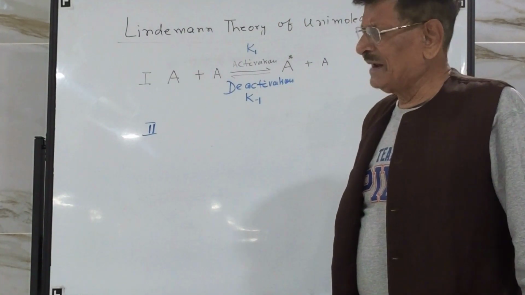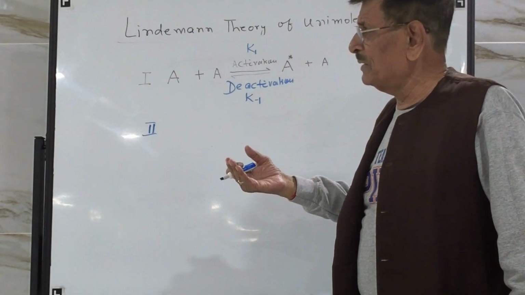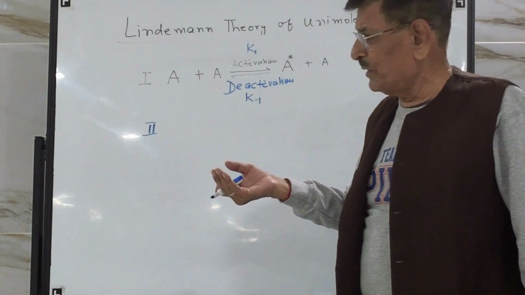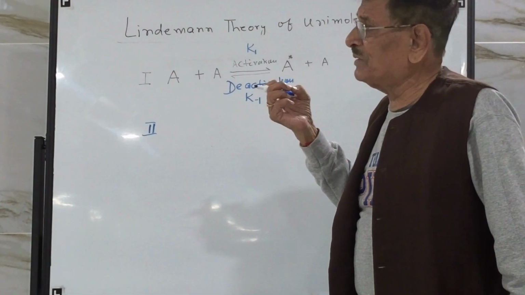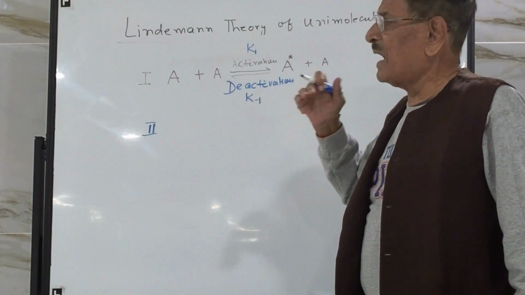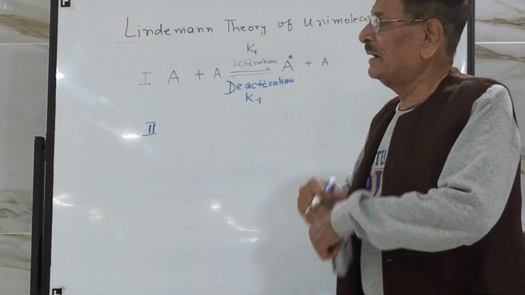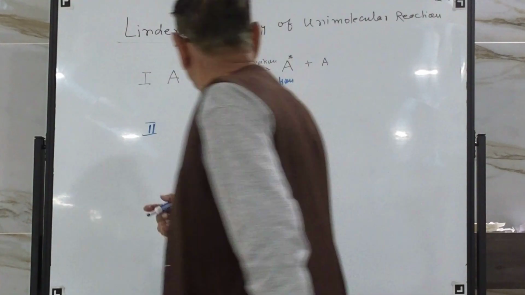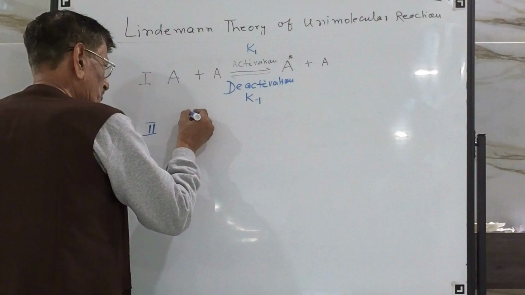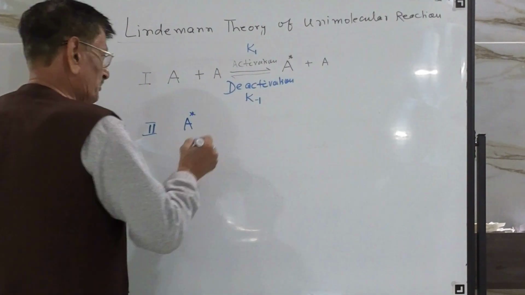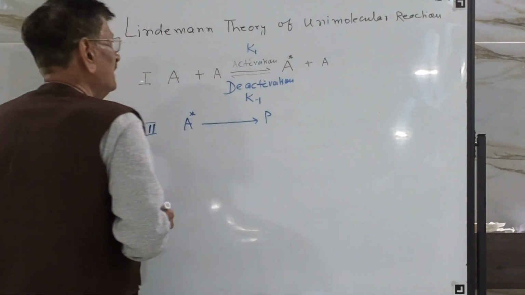In other words, although an activated molecule may convert into a deactivated one by colliding with an energy poor molecule, there may be some activated molecules which survive the time lag, and by doing so they will be able to decompose into the product. So this is a lucky A star, because it could not collide with the energy poor molecule, so it converts into the product P.